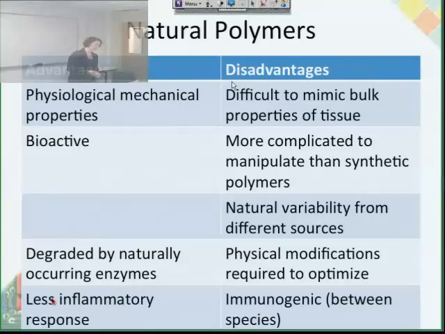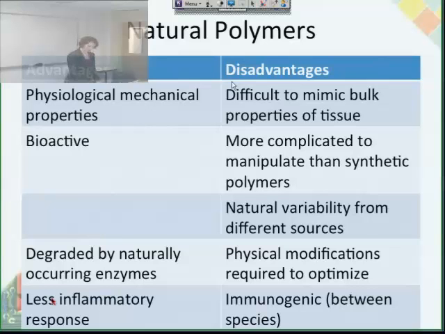But that means that if the degradation profile is not what you would want it to be, you're going to have to physically or chemically modify it in order to make it a better degradation profile. And then that will, of course, affect its mechanical properties and its bioactive properties. So just by changing the degradation properties, you could get rid of all the reasons why you decided to use a natural polymer.